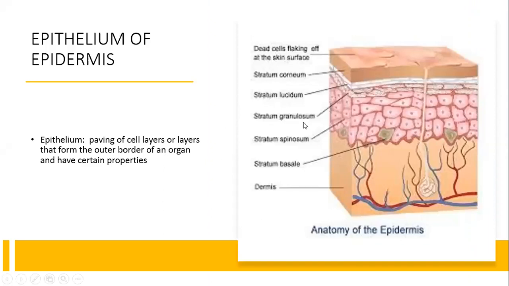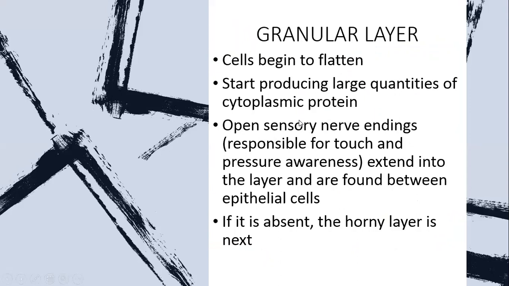Then, if we look at the stratum granulosum, or the granular layer, this is where cells begin to flatten. This is the typical image that they will have under a microscope. They start producing large quantities of cytoplasmic protein.